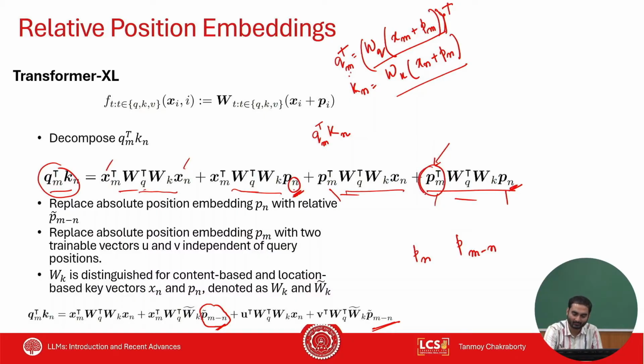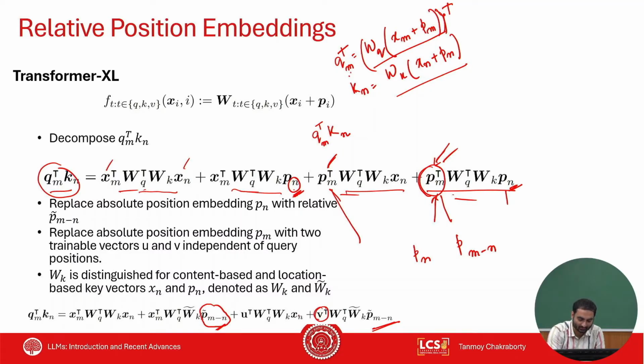So p_m is replaced by v. But where does p_m appear? p_m appears here, and p_m also appears here. Now these two p_m terms, when they get multiplied with the remaining part, will produce something else. So they said let's not keep the same vector, let's introduce two vectors. So this is v and this is u, because their contexts are different.